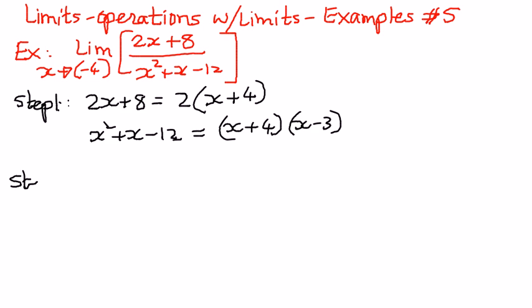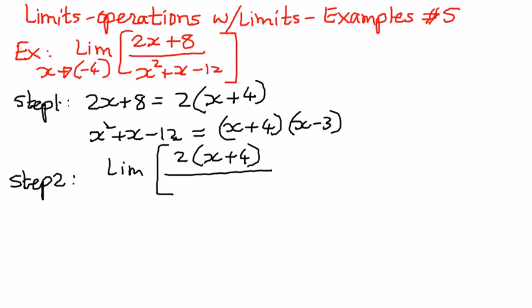And if we were to rewrite the given limit, the numerator part 2x plus 8, we can write as 2 times x plus 4, and the denominator part x squared plus x minus 12 in its factored form, x plus 4 times x minus 3, as x approaches negative 4.